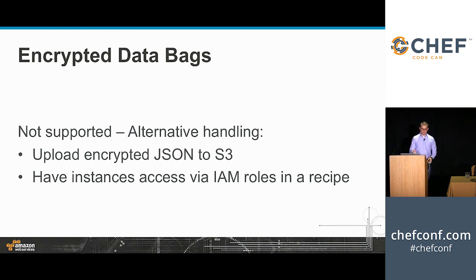The other way would be to basically create a JSON file, encrypt it, upload it to S3, and then give your instances access to S3 via IAM instance profiles, which is a feature that IAM and EC2 has that allows you to give EC2 instances access to other AWS services without the necessity to put actual keys on them.